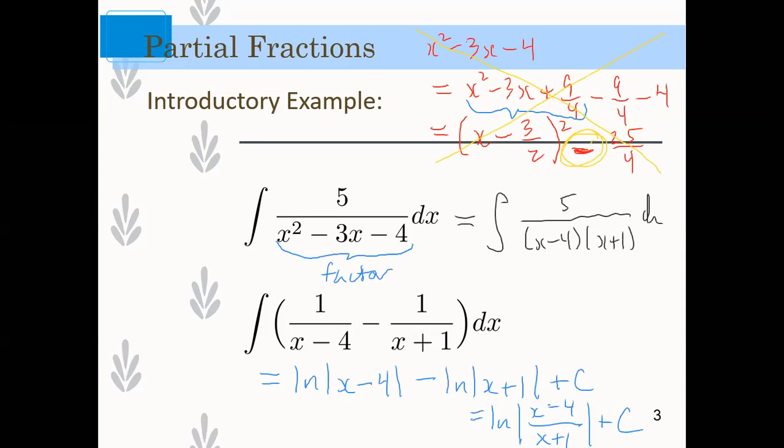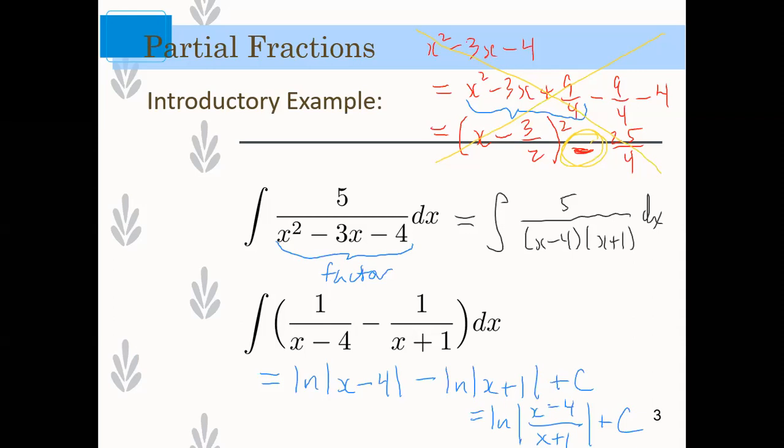dx. And then you start thinking, wait a minute, I just did an integral that had an x minus 4 and an x plus 1 in it. You know what I'm saying? In fact, let's just think about this for a minute.